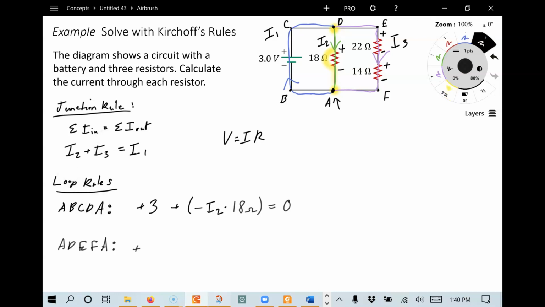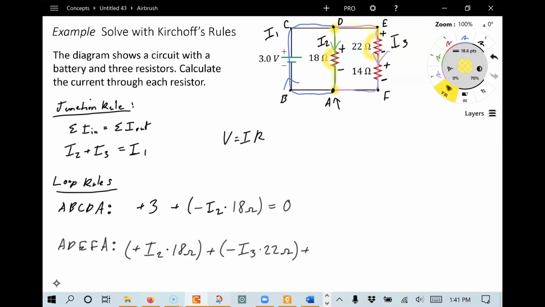V equals IR. This is I2 times 18 ohms, R, plus, going to continue on here. We're going to go down here, a decrease. This is negative I3 times 22 ohms.